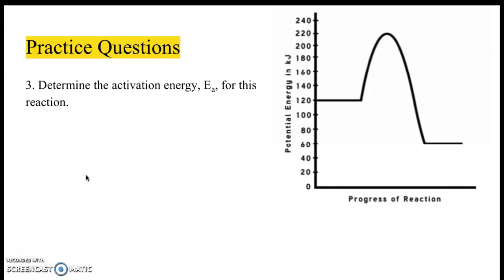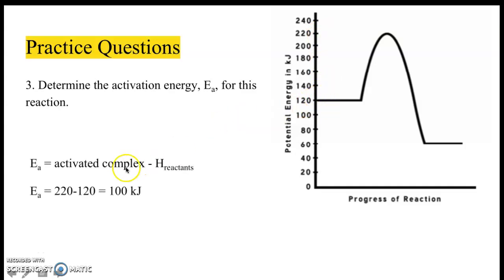On to our next question. Determine the activation energy, EA, for this reaction. So just a reminder, our activation energy is the amount of energy it takes to start the reaction. It goes from the very top of the curve to our reactants. So in my opinion, we're talking about 220 kilojoules, 120 kilojoules for our reactants.